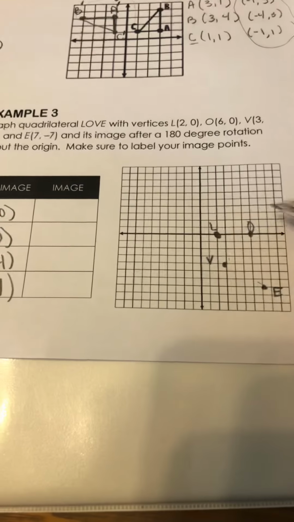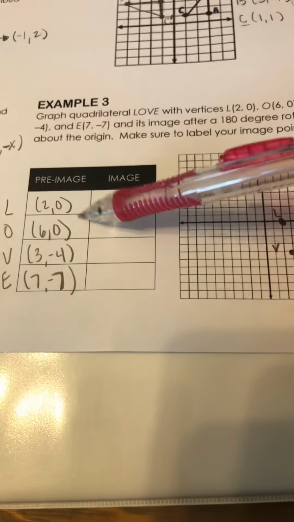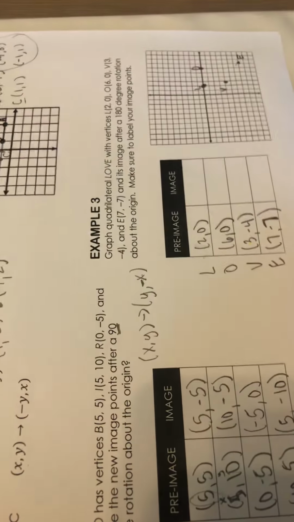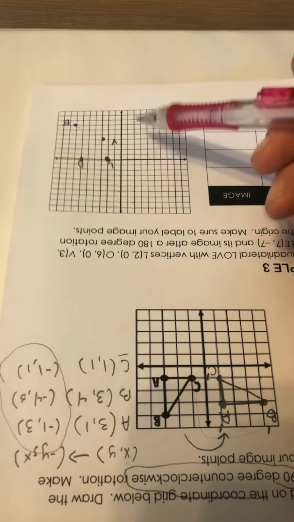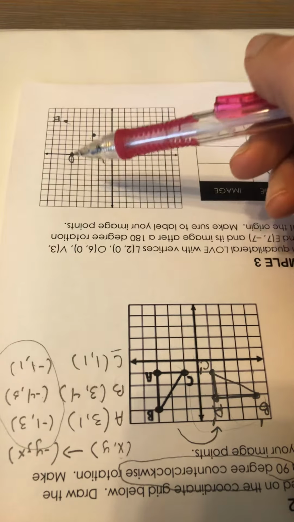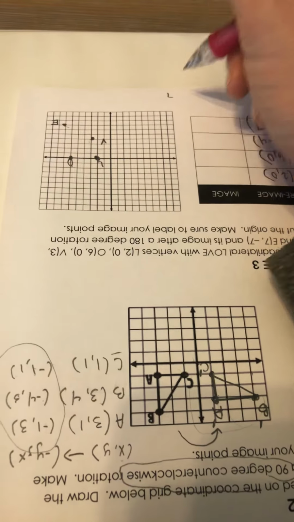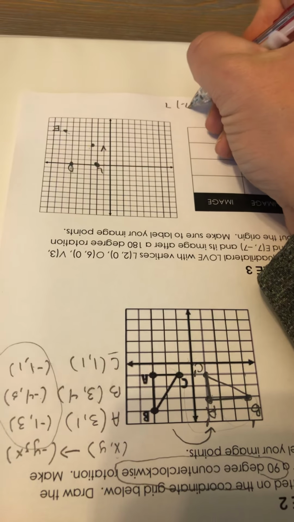So we have our shape here, and these are the original coordinate points that we graphed. If I turn my paper 180 degrees, so 90 degrees, 180 degrees, this is where my new shape would be. So we're going to write our points up here. L is at 1, 2, so negative 2, 0.